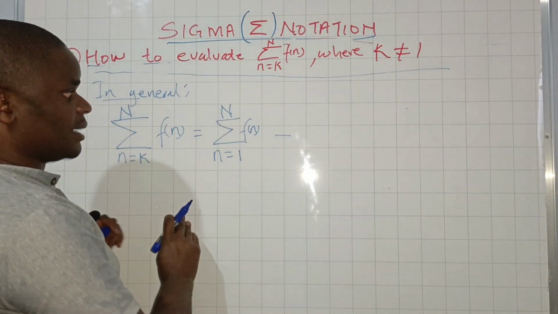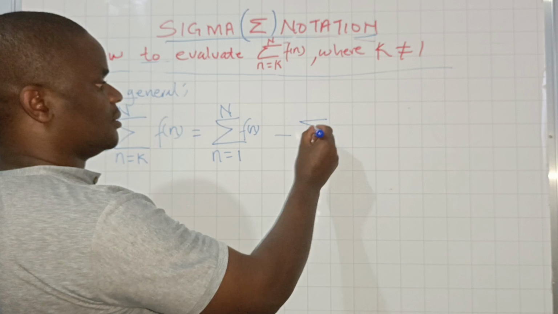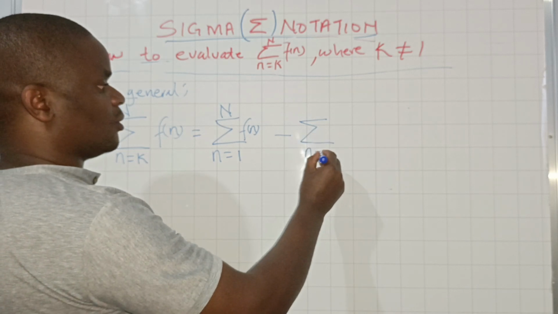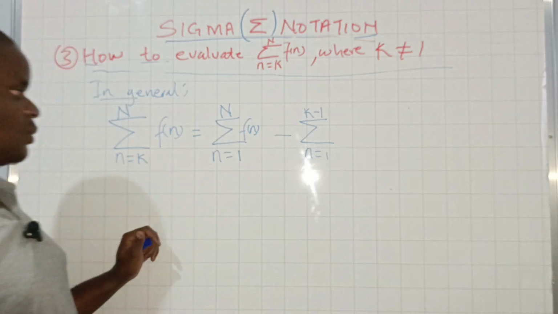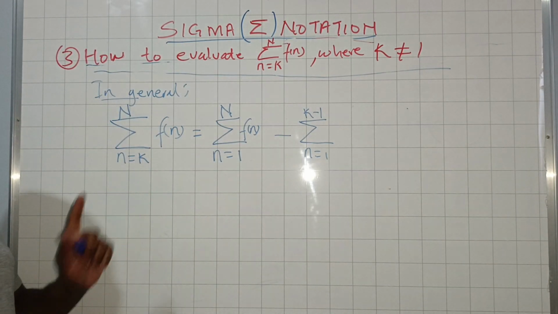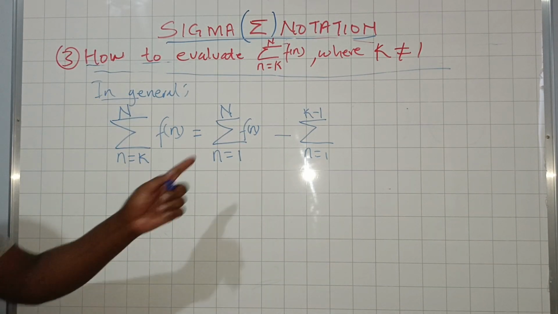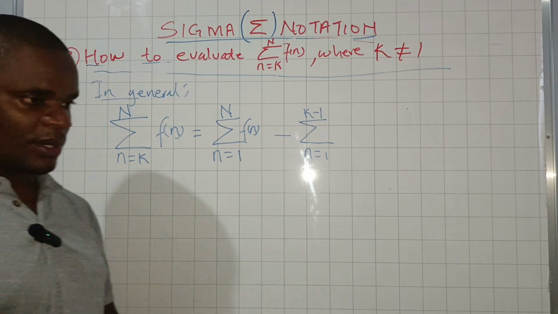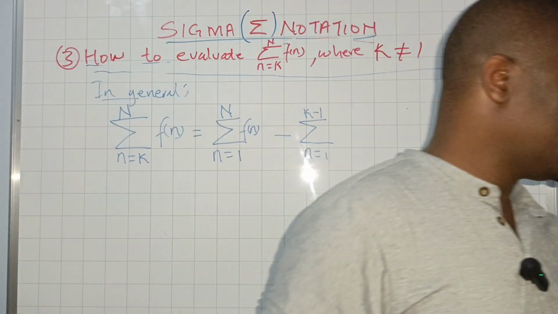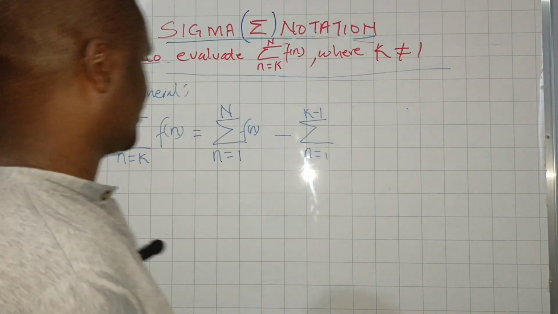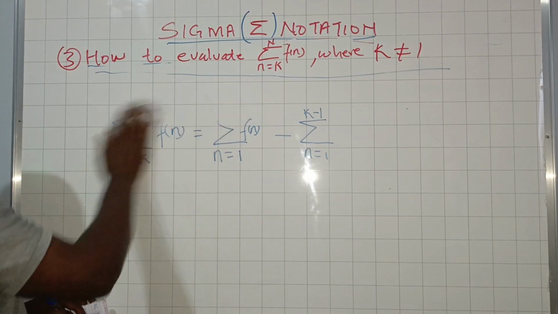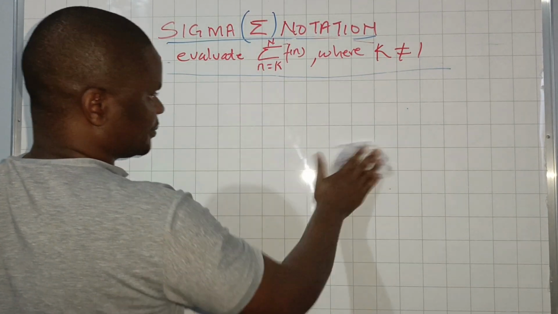Then we subtract the summation from n equals 1 to k minus 1. So whatever this k was, you just go all the way to k minus 1. And we are going to deal with an example over here. So let's work with an example.